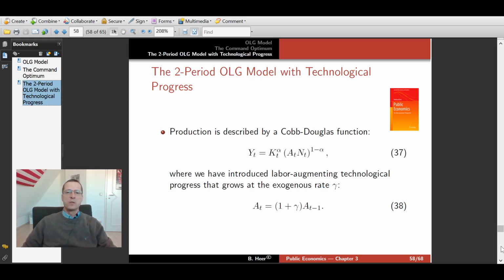But if we have, for example, a substitution elasticity between capital K and labor L that is different from 1, then we can only use labor augmenting technological progress, as you might know, because only this kind of technological progress is in accordance with the long-run features of our economy, so that we have growth but no trend in the savings rate. So the savings rate does not go above 100% or below 0%, but there is no trend in the savings rate. And this is only in accordance with labor augmenting technological progress.